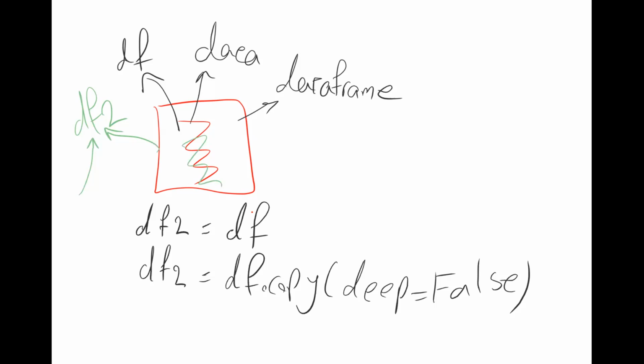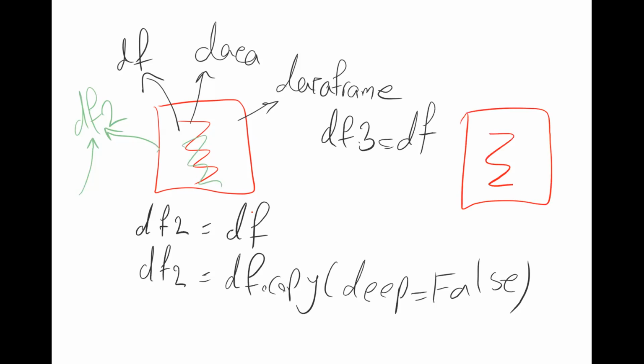But if you make df3 equal df.copy, you make a new, actual copy with the name of df3. So now, if I make any changes on df3, it doesn't change on the left side. I just change the right side. That's the reason we use that method.